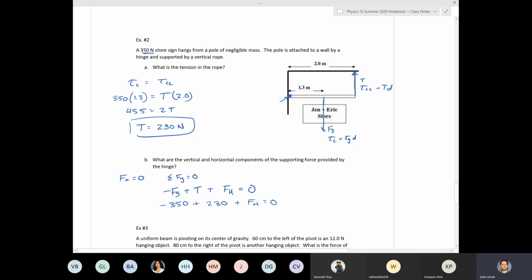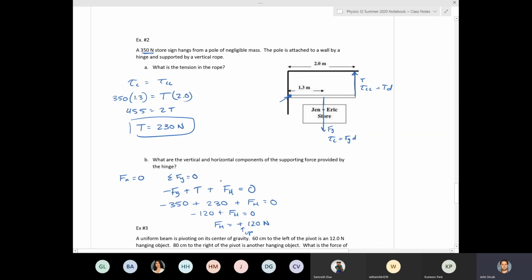Whatever this is, the leftover is 120. So this becomes negative 120 plus FH equals 0. So FH equals positive 120 newtons. This positive means that it's going up.